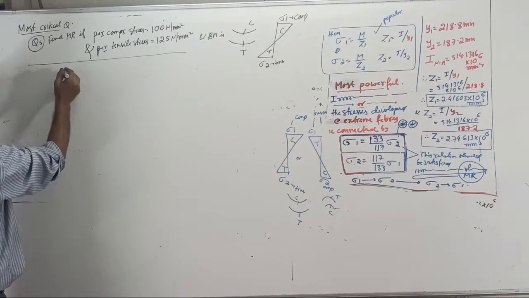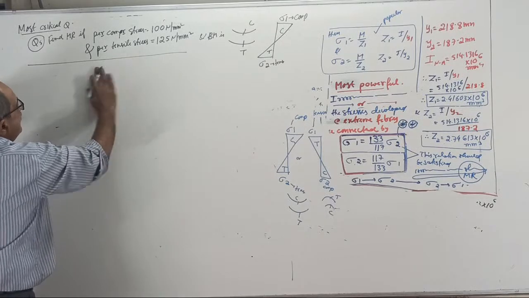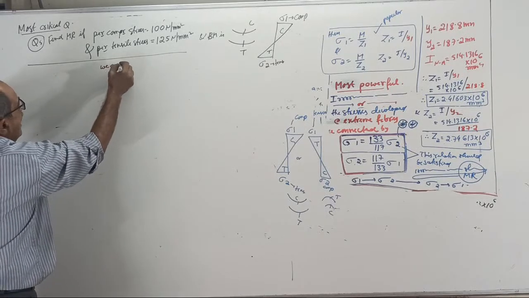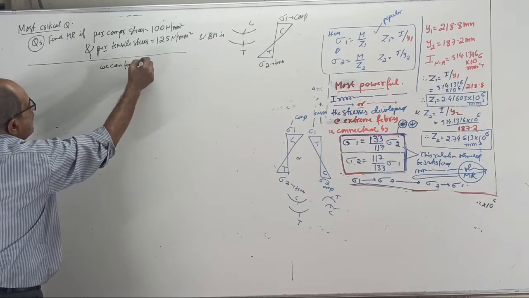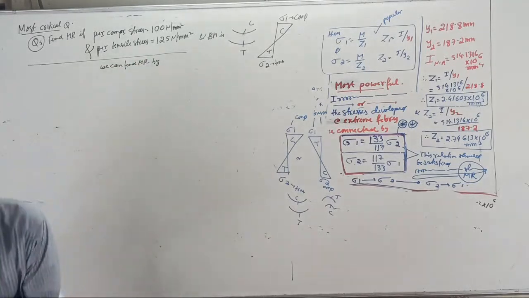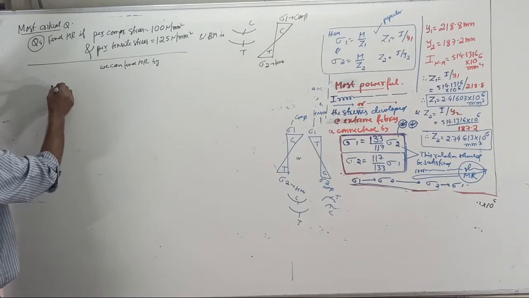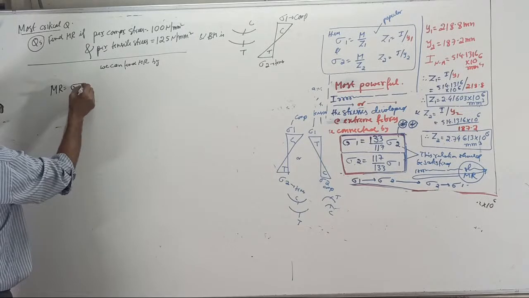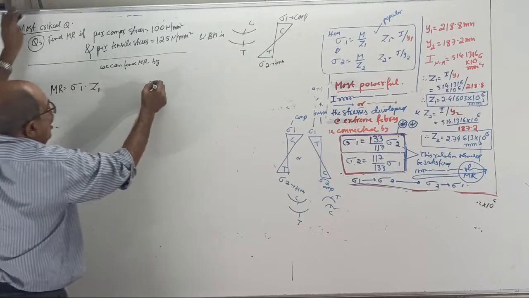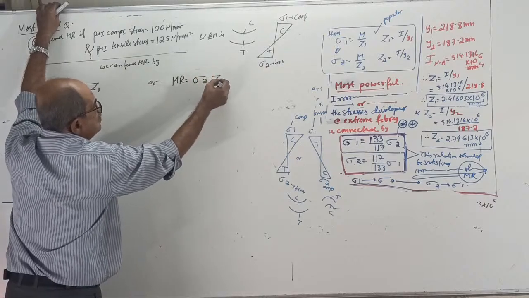We can find MR, and I will give both the options for thorough understanding, by MR equal to sigma 1 into Z1 or MR equal to sigma 2 into Z2.